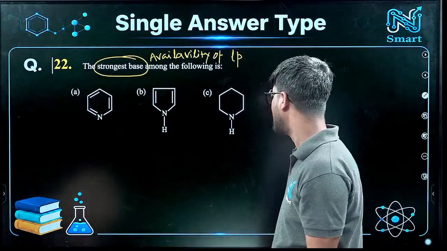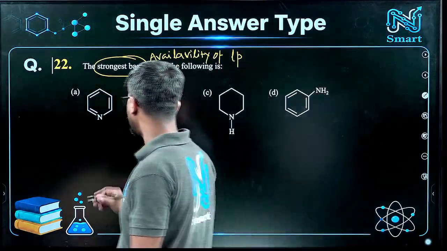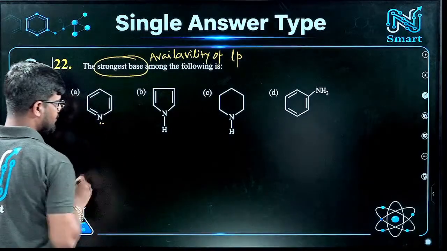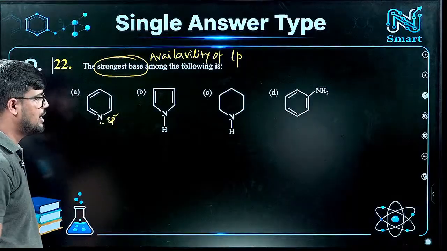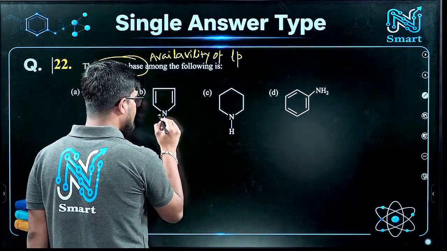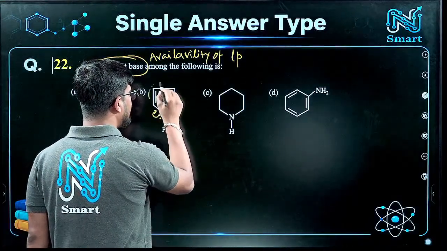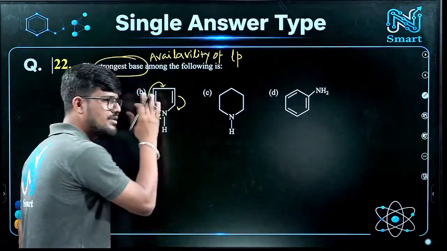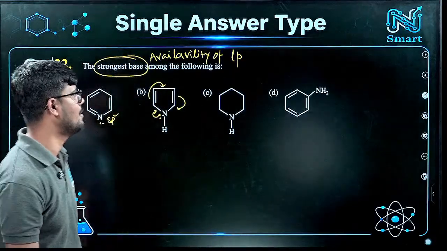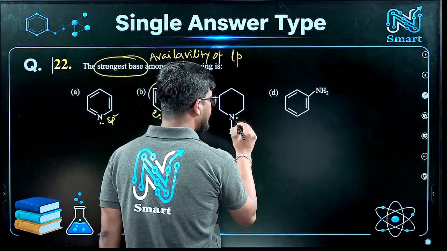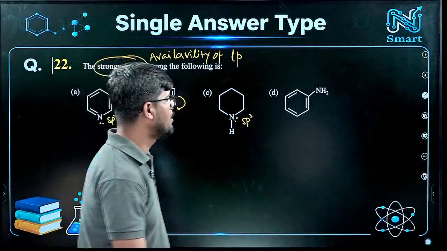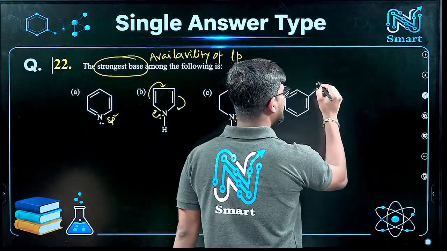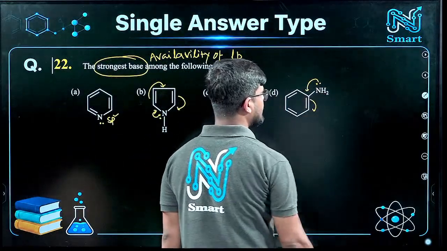That's why stronger base. Now just check here, this nitrogen is having lone pair, but this nitrogen is sp2, and this is pyrrole, and this lone pair is participating in resonance. So this lone pair is not available at all. This lone pair, yes, it is sp3, this is available, and this nitrogen, it is also participating in resonance.